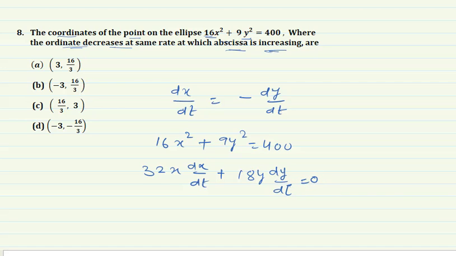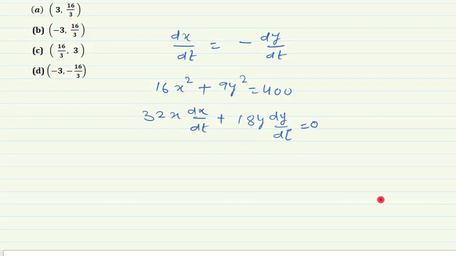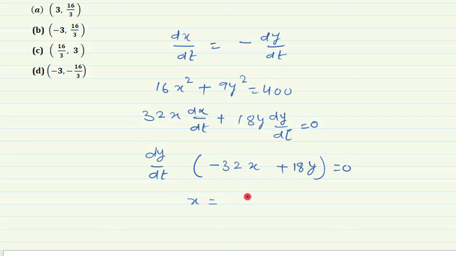It's a very easy derivative for you now. So putting the values, we change dx upon dt to minus dy by dt, and taking dy by dt as common, you will be left with minus 32x plus 18y is equal to 0, and from here you are getting x equal to 9y upon 16.